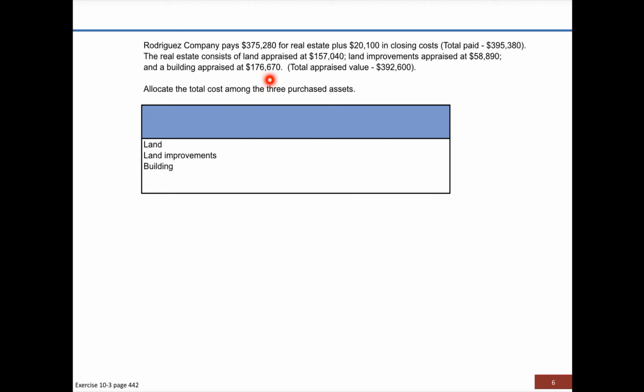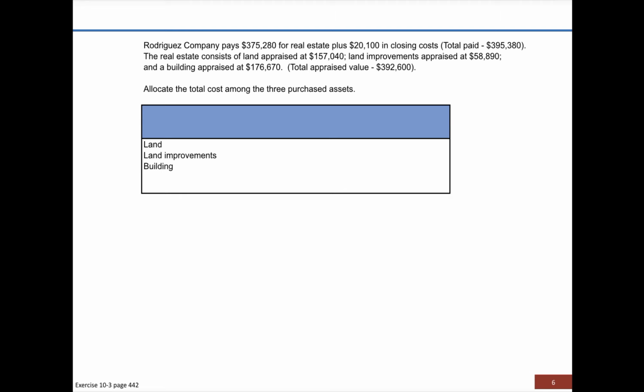And then finally, the building, 176,670 divided by 392,600. 0.45.